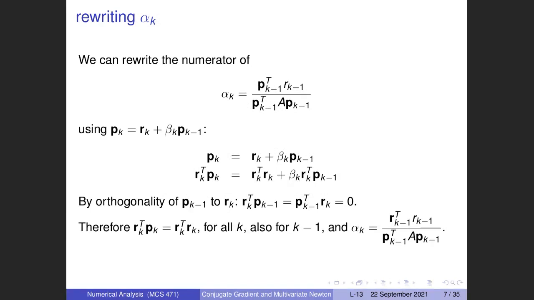So we use the orthogonality to rewrite. So we can rewrite the rk a little bit better. As you see here in the numerator, we still have the pk minus 1. Well, we can replace the pk minus 1 in the numerator by the residual of the previous step. Why do we do this?